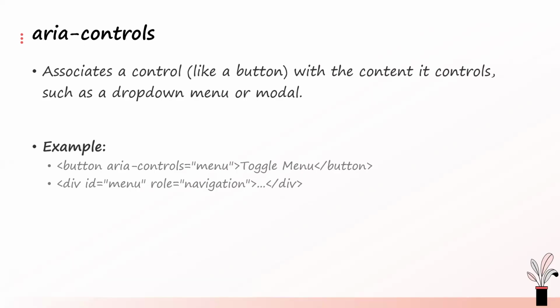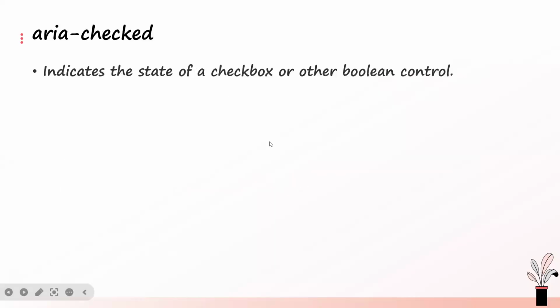So I might have an on-click event here, and if I click this button, it might have an effect on this div. What I'm saying might be strange to you, but when you start writing this code, you're going to understand. So whenever you have a button or an element that controls or has an effect on another element, you use aria-controls here.